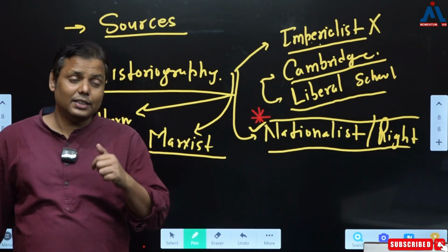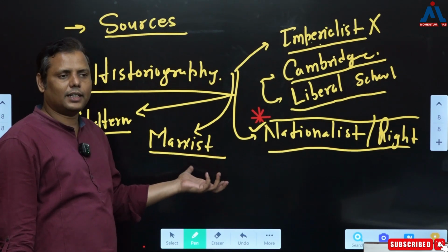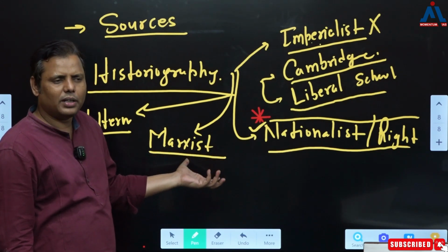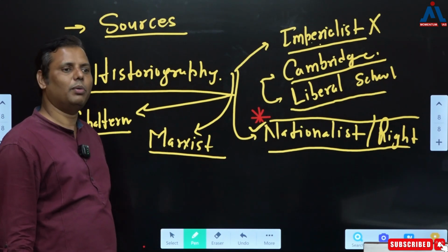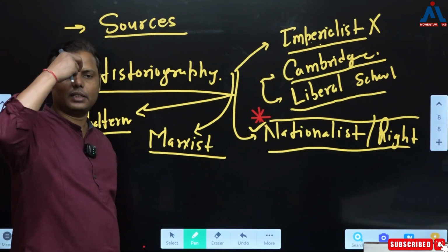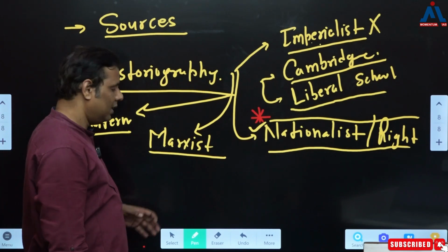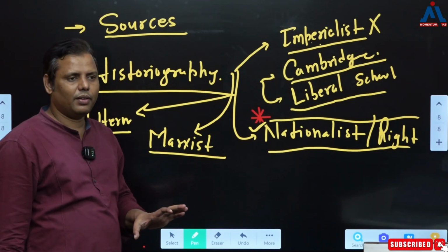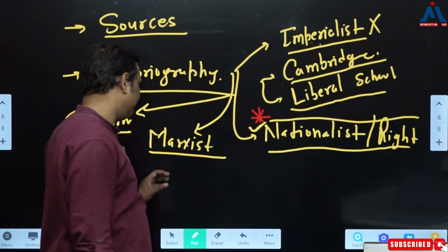That's the reason you can't exclude them properly. There are certain topics that are studied only by the Marxist scholars, and if you think you can ignore them, that's practically not possible. But yes, we have to be a bit cautious about where exactly we should use them and where exactly we should avoid them. These are some practical suggestions that I have been giving you. ठीक है, ideally हम कुछ भी कहें, practically यही है कि we have to be very careful.